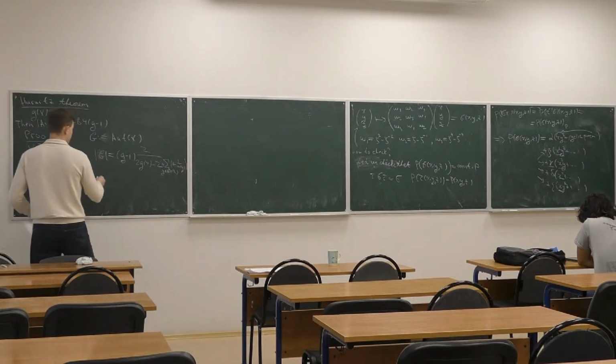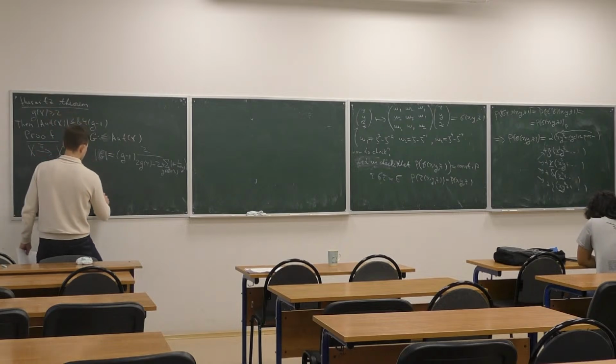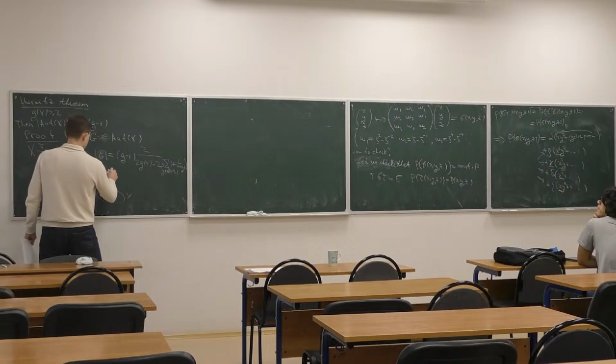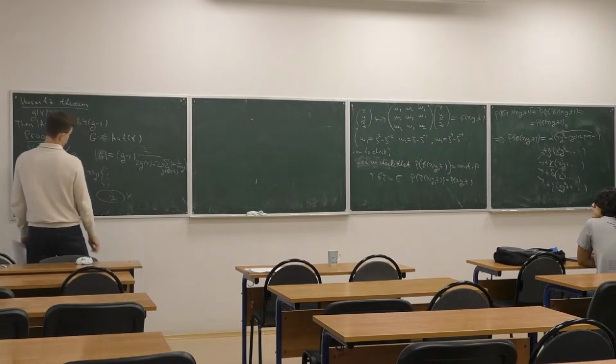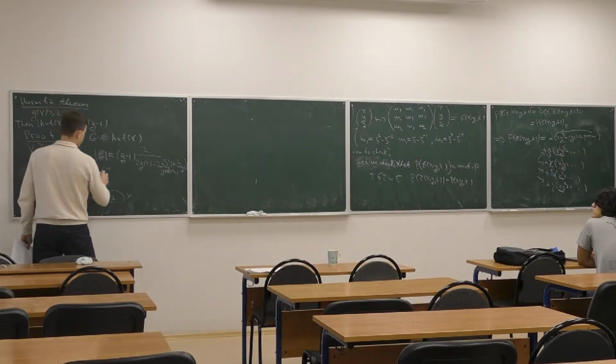Where what is m of y? If here we have a y, then here we have some point. Then if we consider the preimage, then we can choose some point x.